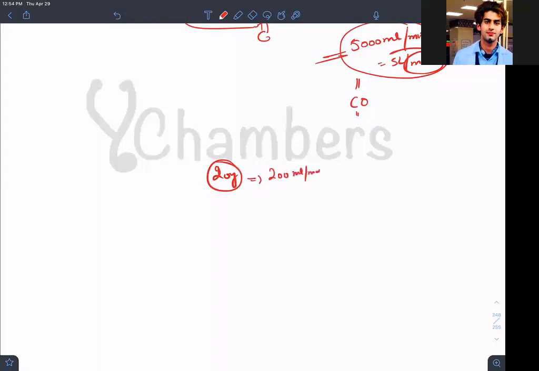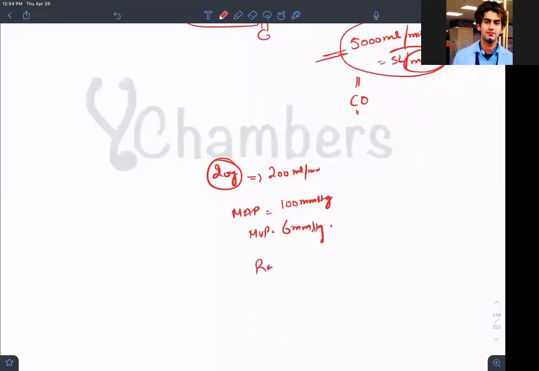His mean arterial pressure is 100 mmHg. I am giving an example. His muscle venous pressure is 5 or 6 mm. Let us take 6 mm. Calculate the resistance in the muscle of this man.